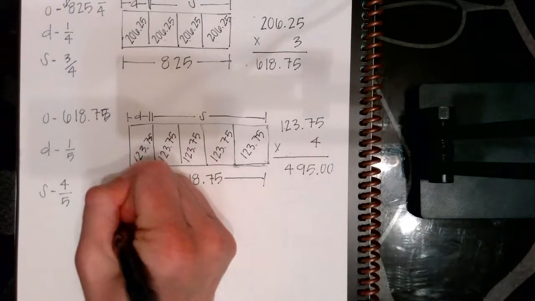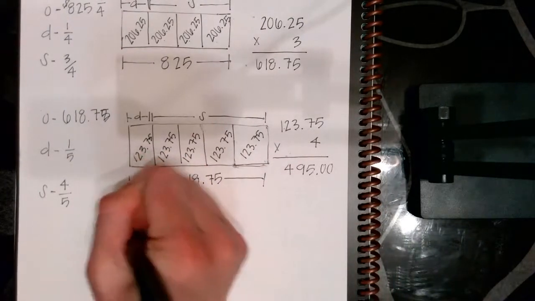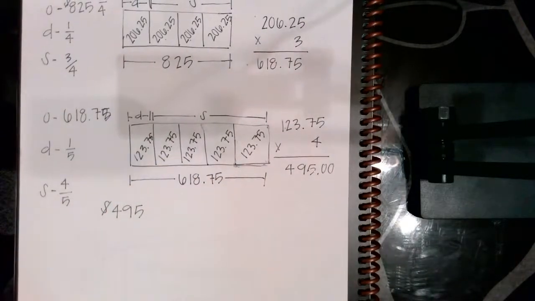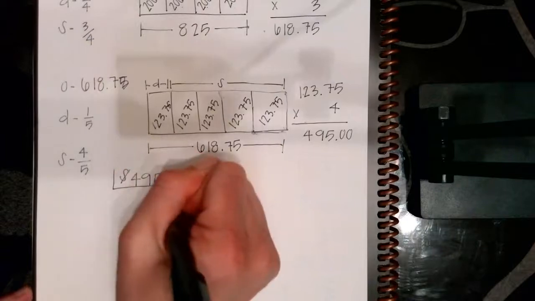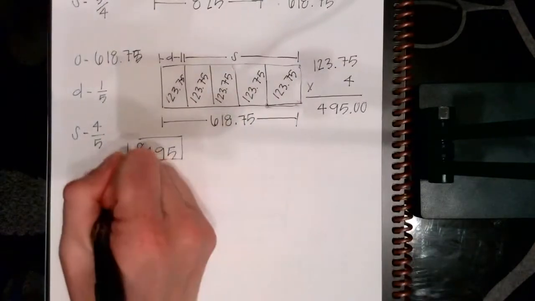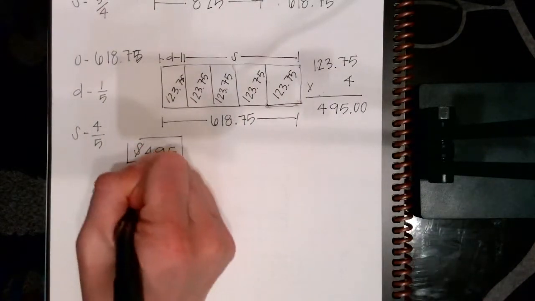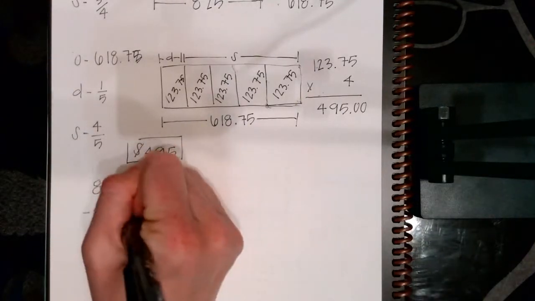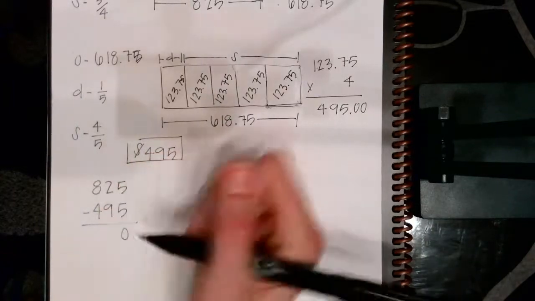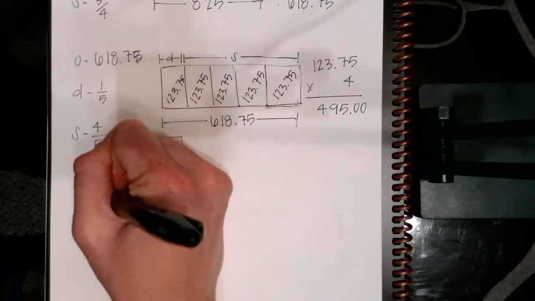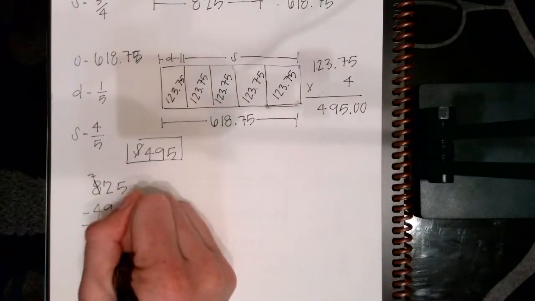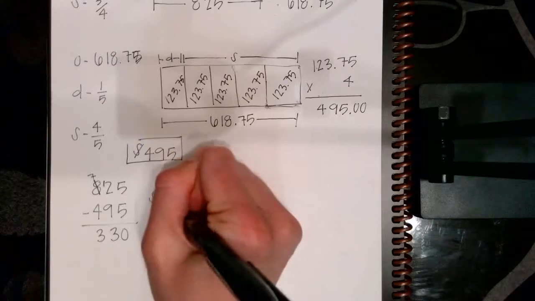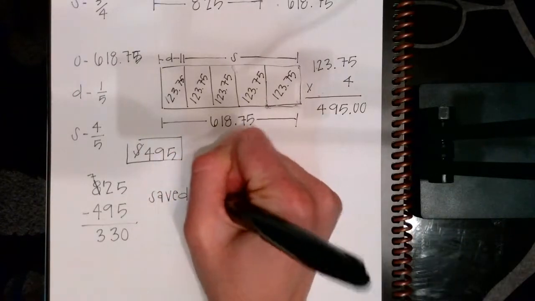That means Mark bought the tablet for $495. And if we wanted to figure out how much he saved, we could take the original price of $825 and subtract $495. So he saved $330.